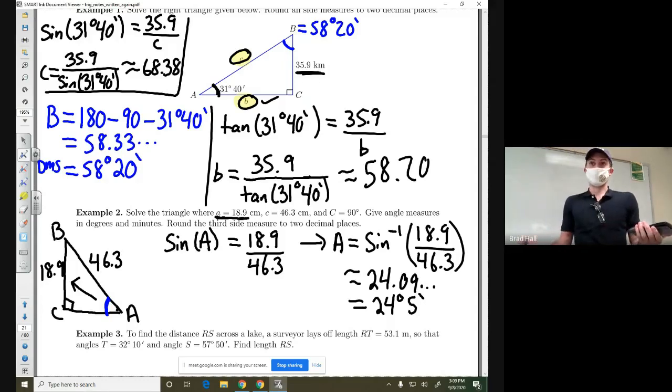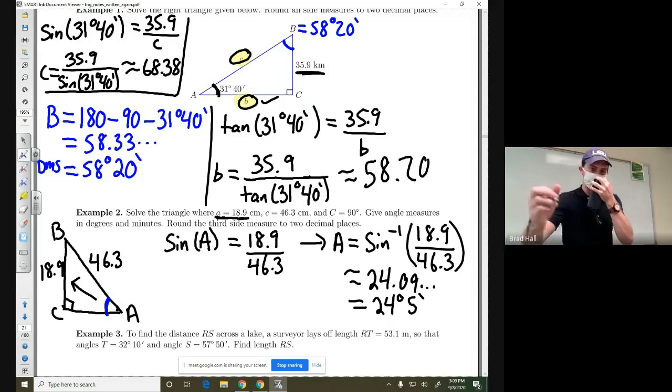But that's angle A. And so the question is, well, how do we figure out angle B? Well, guess what? We don't have to do that same process because we know two of the three angles. We can just subtract.